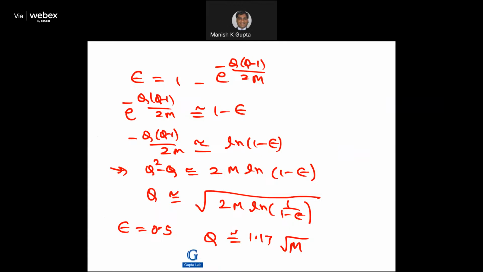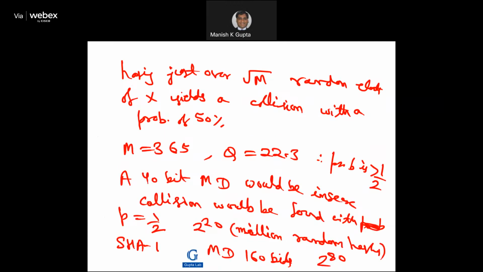Basically, if epsilon is 0.5, q turns out to be 1.17 times square root of m. So having just over square root of m random queries yields a collision with a probability of 50%, right? Actually, with m equal to 365 and q equal to 22.3, the probability is at least half.